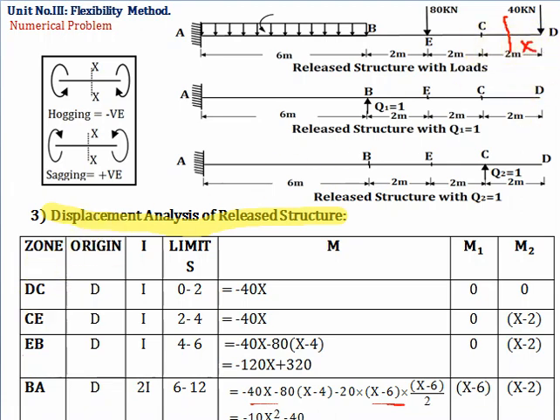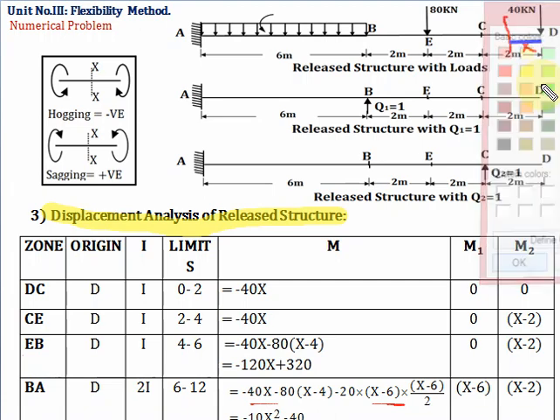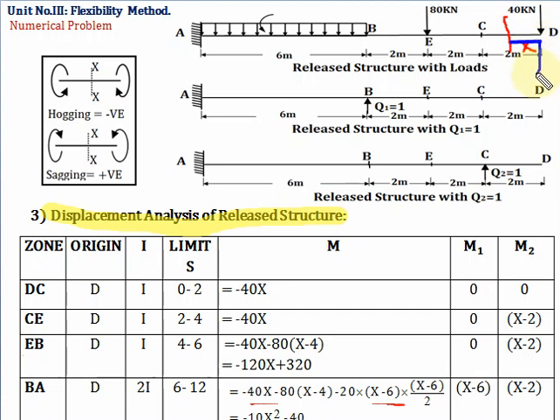We are measuring X from D, and the origin is C. This is X. Due to this point load 40 kilonewton, the nature of bending moment, so this is our sign convention to find out the bending moment, will be hogging, so minus.